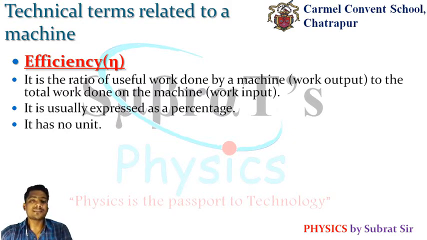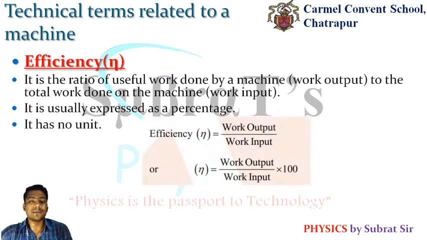It is usually expressed as a percentage. As it is also a ratio of the same quantities, it does not have any unit. So as we are calculating in percentage, we multiply by 100 and get the efficiency percentage of any machine.